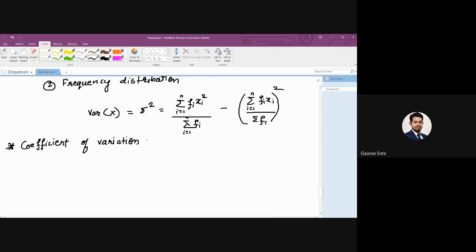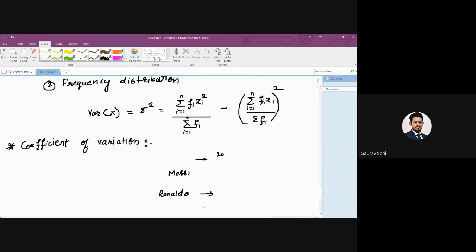Say you have the data for the goals scored by Messi, and you have the data for the goals scored by Ronaldo. You will have a certain number of matches, say in 2011, 2013. Out of 20 matches, you have this kind of data for both of them.